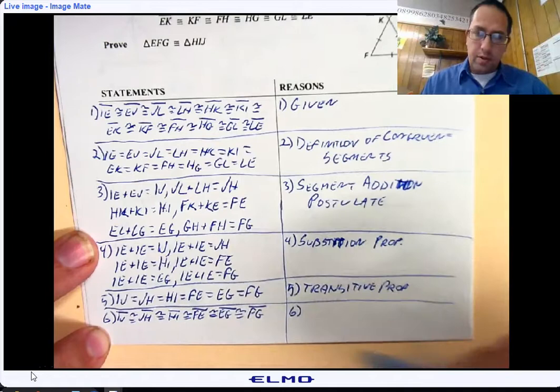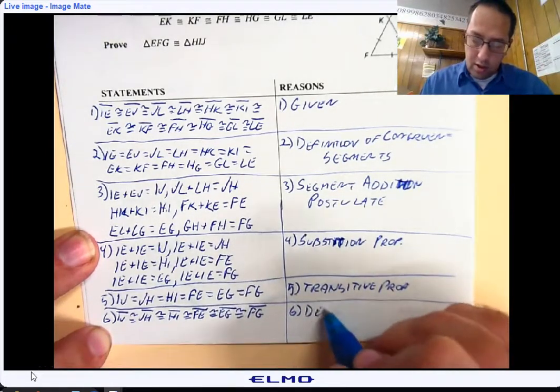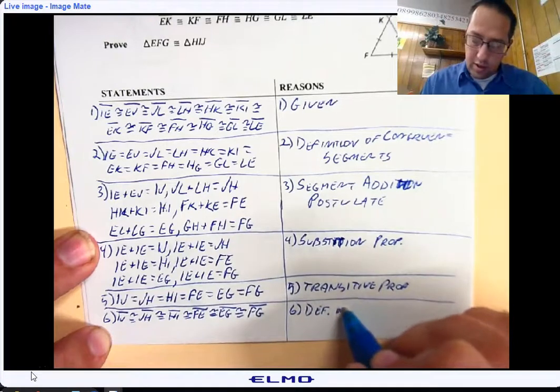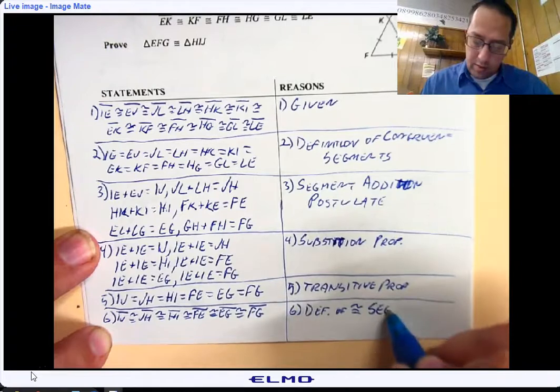How do I know that? Because they all have the same length, and that's the definition of congruent segments. So I'm going to abbreviate here. Definition of congruent segments.